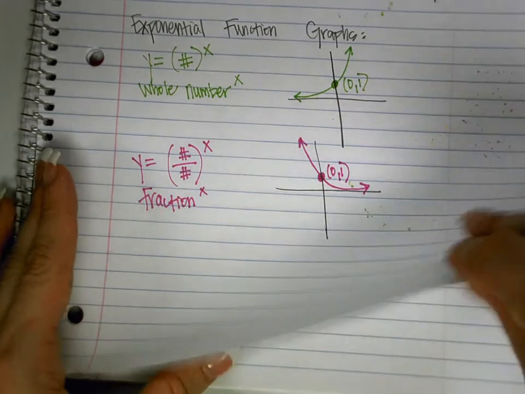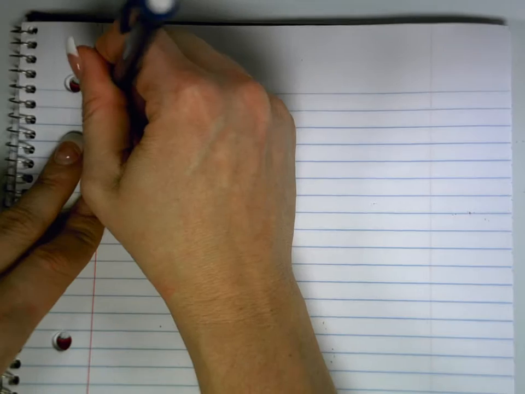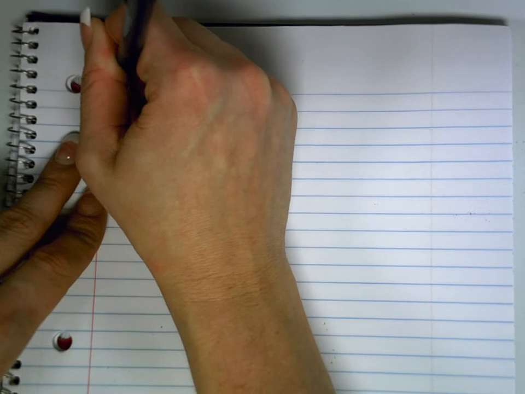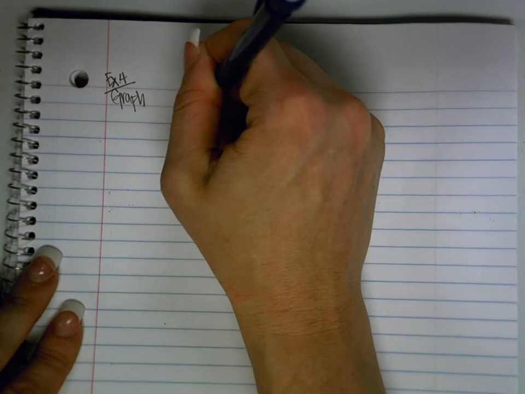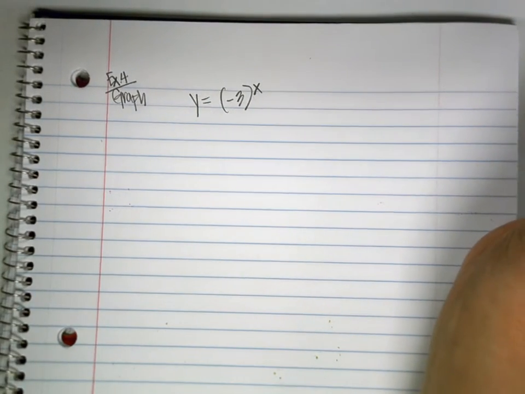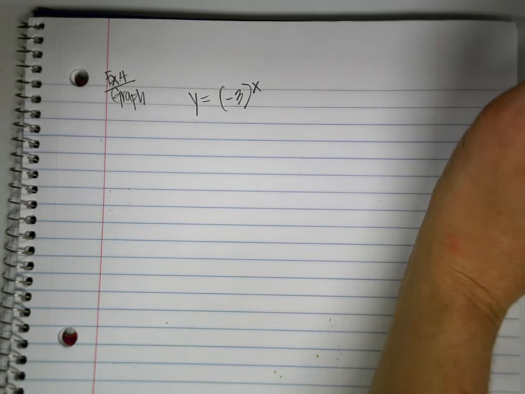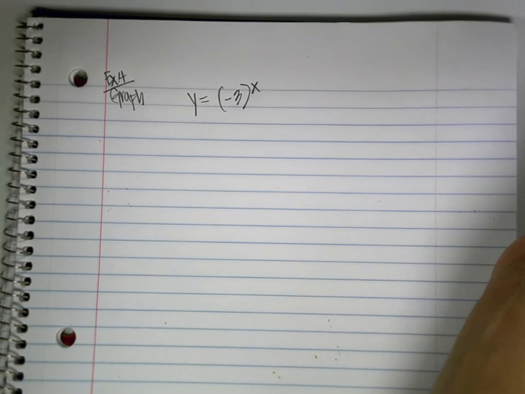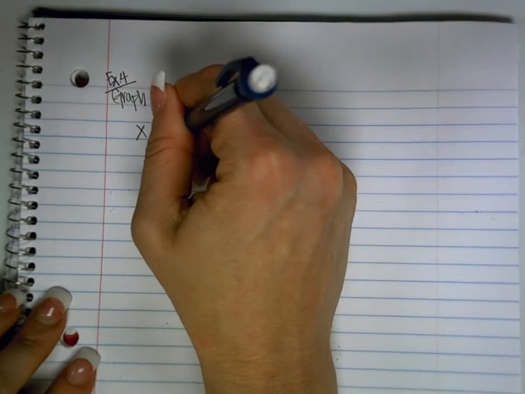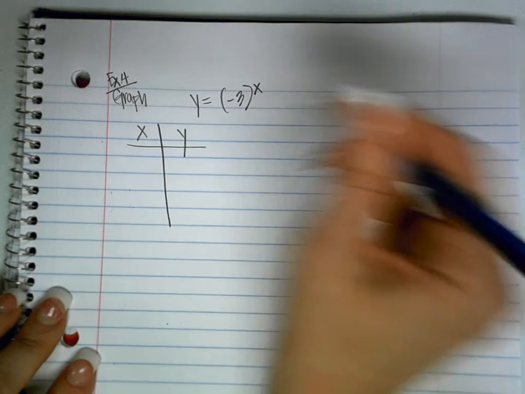The last thing I want to show you is one more graph. This is example 4. For example 4, I want you to graph y equals -3 to the x. We're going to plug into our xy value table.